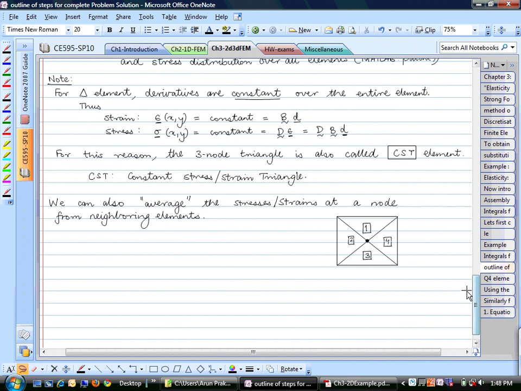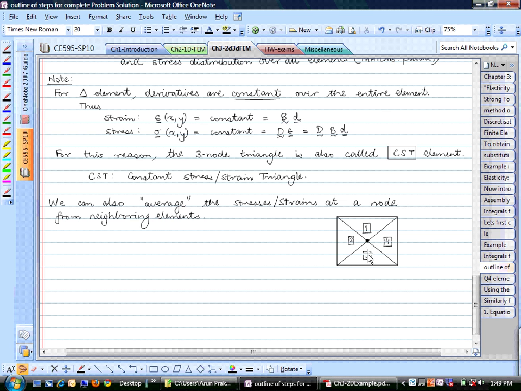So what we do sometimes is, for example, here, let's say you have this node, and the elements that are connected to this node are 1, 2, 3, 4. Let's say each of the elements has a different stress inside the element. So what we would normally do is calculate the average of all these stresses. And these are, again, post-computation procedures.